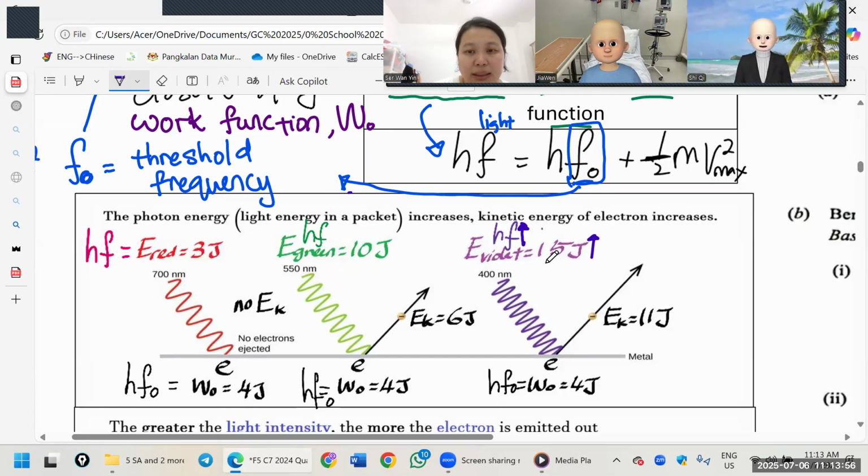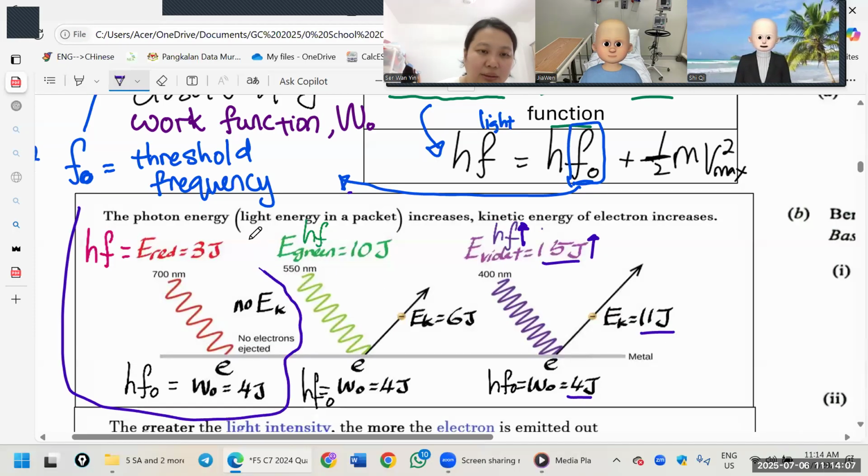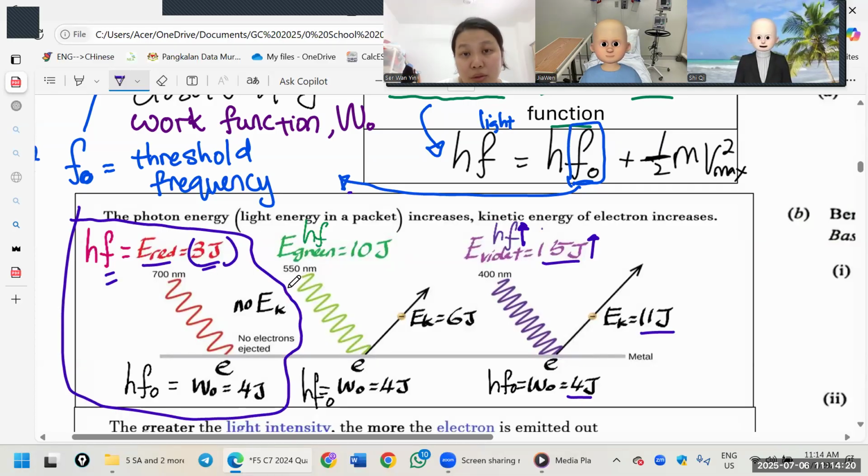Let's say 15 minus 4, you will get 11. This is the metal. Then the red photon frequency is too small, not enough, only 3 joules. So how much do you need to emit an electron? 4 joules. 3 minus 4 is negative, so no electron, no kinetic energy.